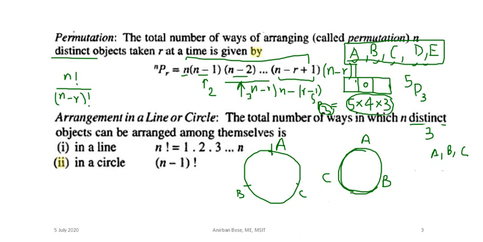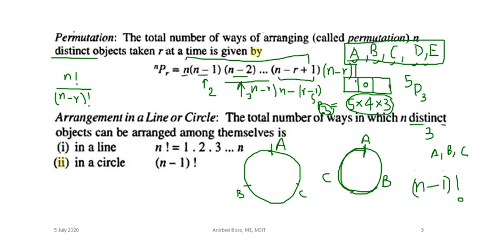That means when you try to arrange them in a circular path, one of the persons has to be considered as a reference, and with respect to that, the arrangement is done. So if there are a total of n persons, you remove one, and the remaining n minus 1 persons you arrange in all possible ways. So (n minus 1) factorial.